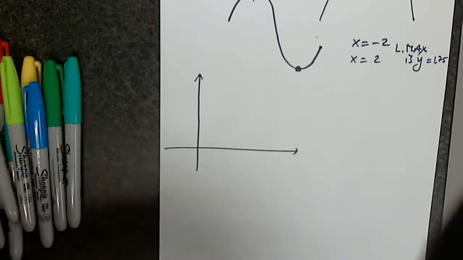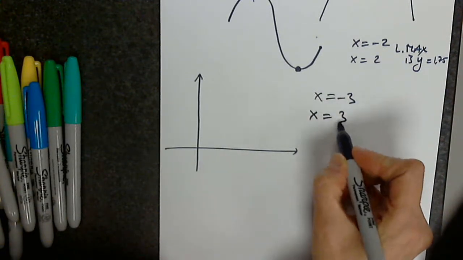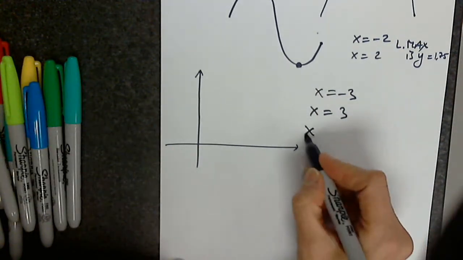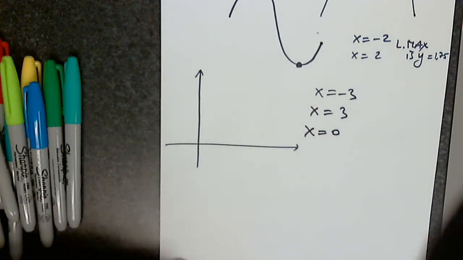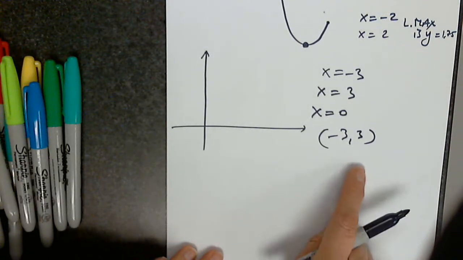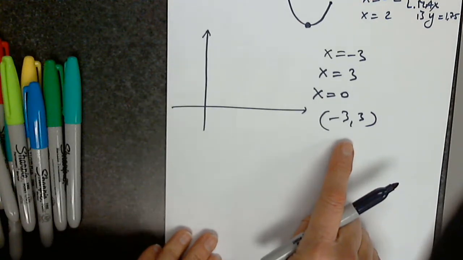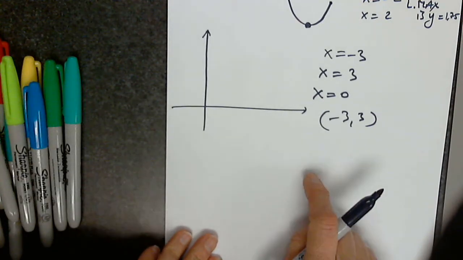So if you want to write x equals -3, x equals 3, that was not good enough. Also, x equals 0 is an x-intercept. You cannot write this. Because if you write this, it means everything between -3 and 3, including -1 and 0 and 2.3 and 2.9 and 1.9. You can't do that.